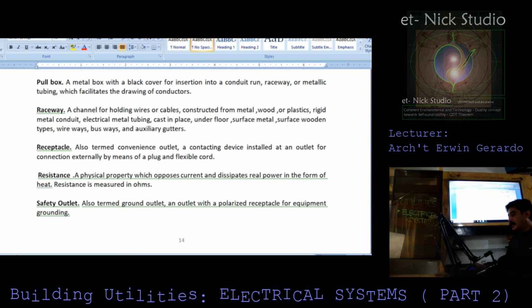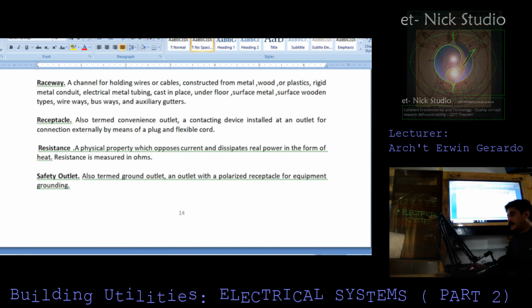Pull box, a metal box with a blank cover for insertion into a conduit run, raceway, or metallic tubing, which facilitates the drawing of conductors.